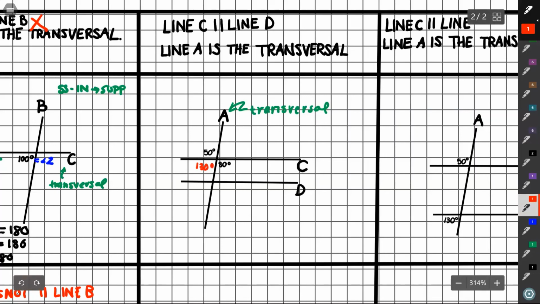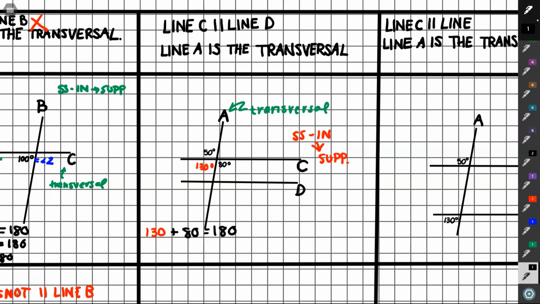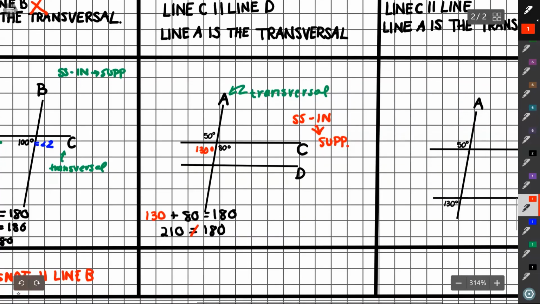And then we would have same side interior angles again, which means they would have to be supplementary. So if I take 130 plus 80, I should get 180. 130 plus 80 gives me 210, which is more than 180 degrees, which is also not true. So line C is not parallel to line D.